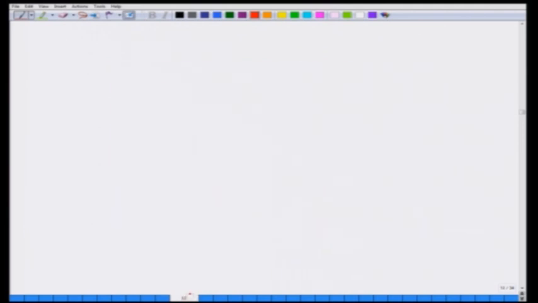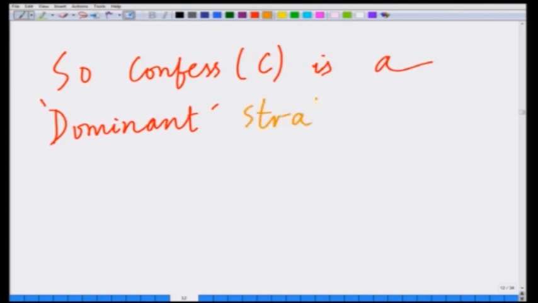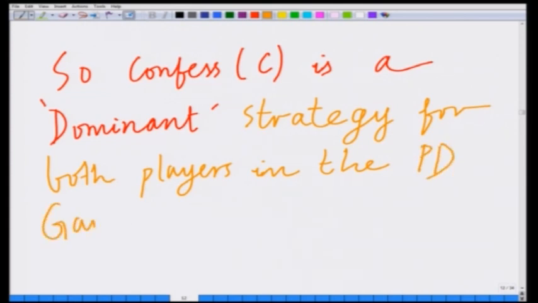So, confess or C is a dominant strategy for both players in the PD game.